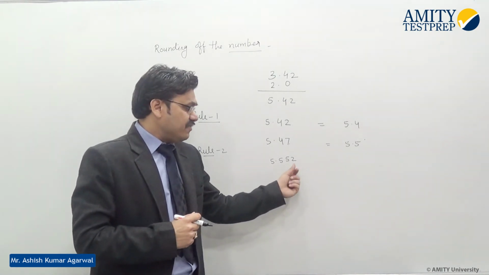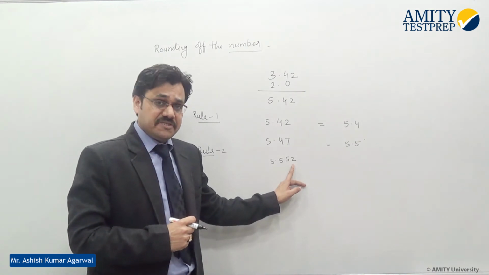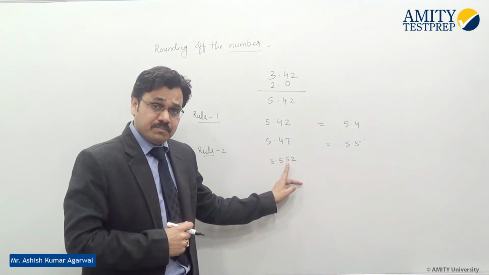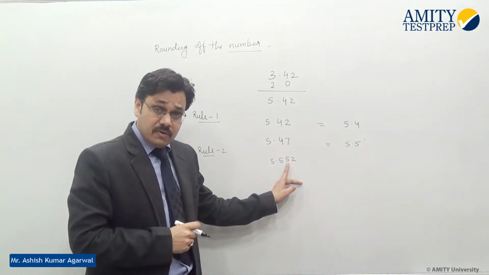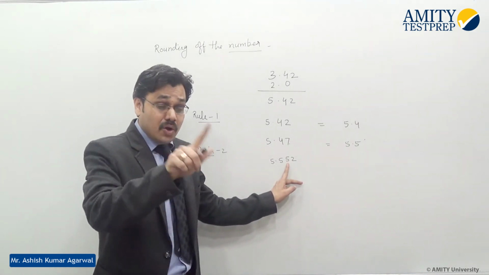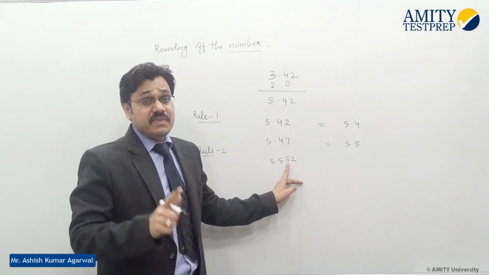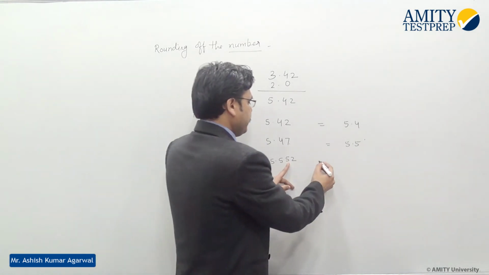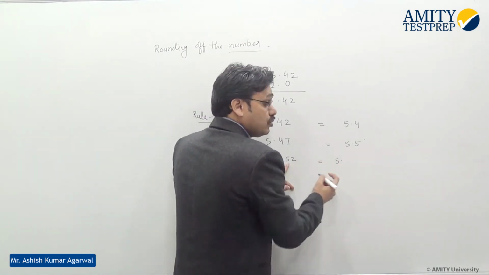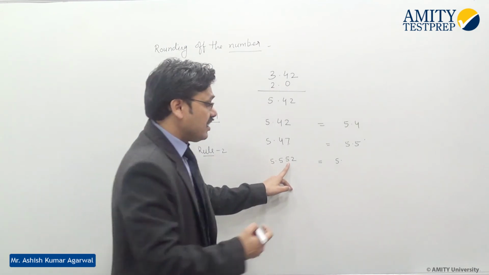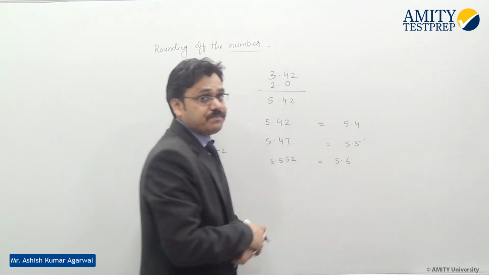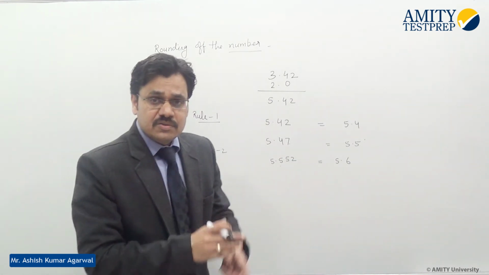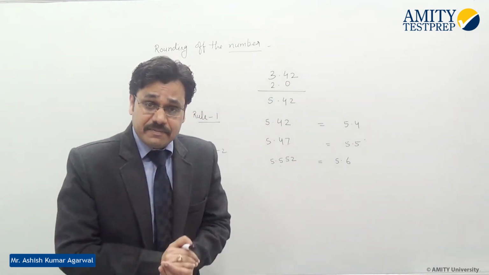It means I have to drop the last 2 digits. Definitely the first dropped digit is 5. If 5 is followed by any non-zero digits, then the previous digit is raised by 1. So if I convert it into 2 significant figures, I have to write 5.6. I have to raise this 5 by 1. So this is the dropping of 5.